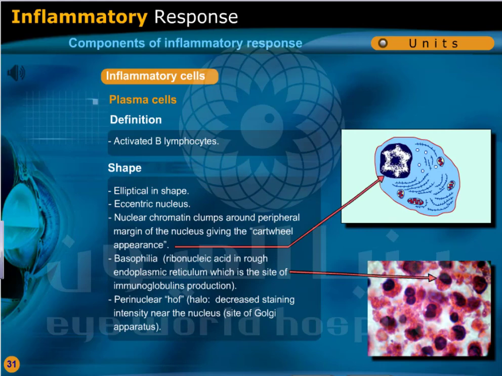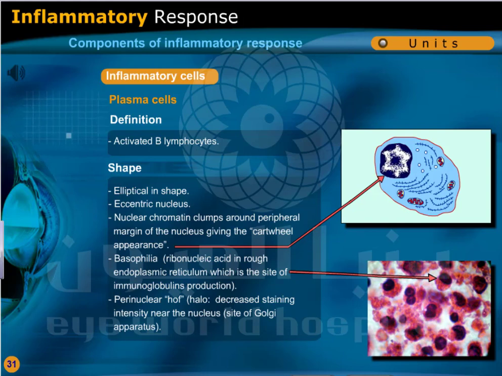Inflammatory cells also include plasma cells, which are activated B lymphocytes. They are elliptical in shape with an eccentric nucleus and nuclear chromatin clumps around the peripheral margin of the nucleus, giving the cartwheel appearance. They show basophilia due to ribonucleic acid, which occurs in rough endoplasmic reticulum, the site of immunoglobulin production.